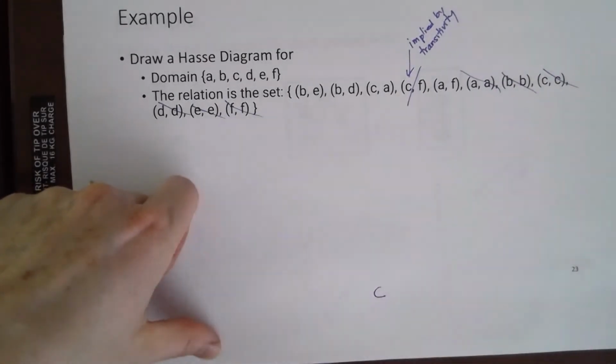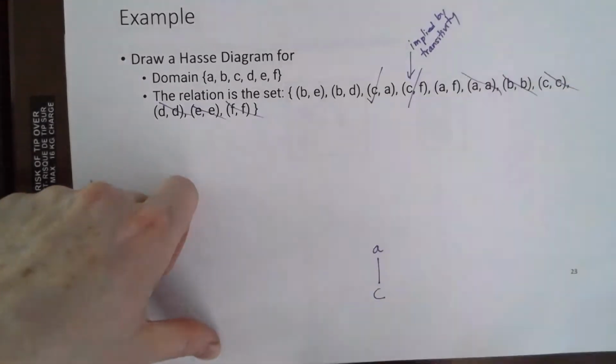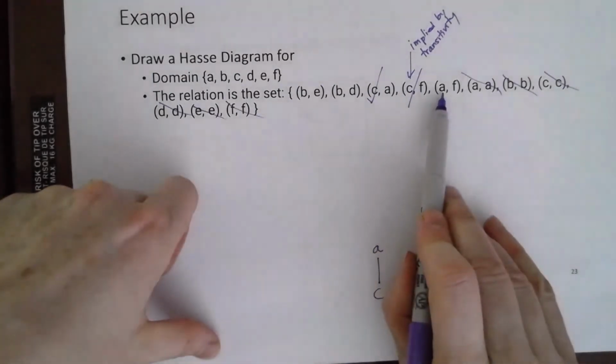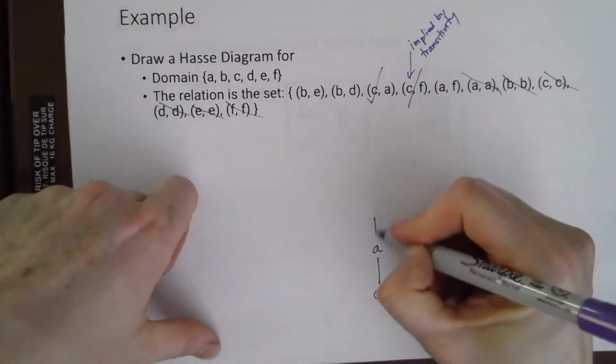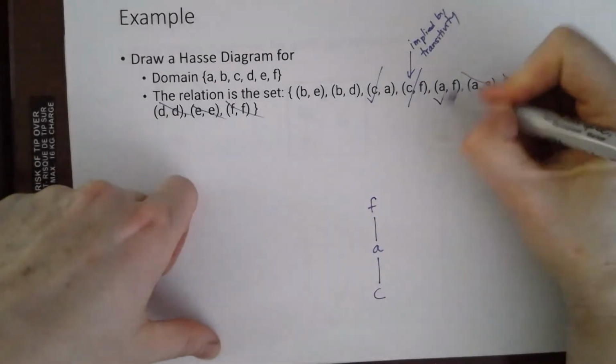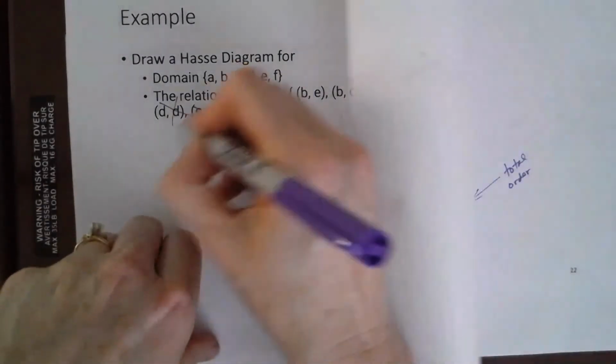Okay. So I'm going to have to go C to A. That takes care of this one. And while I'm at it, I have that A. Let's do A to F. Okay. And that takes care of this one. I'll just put X's through these so we know we don't need those ones.